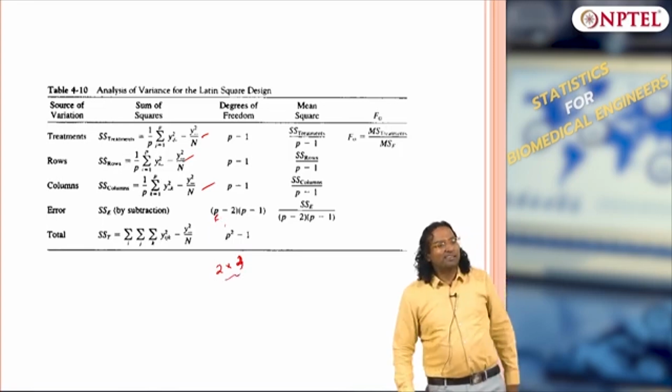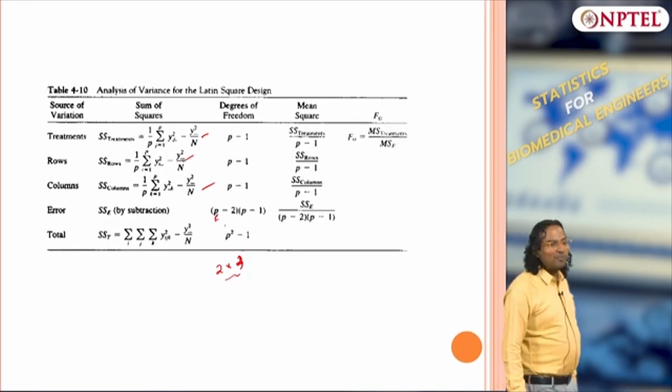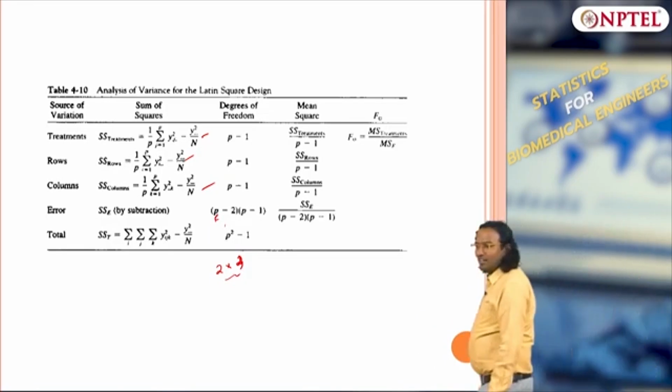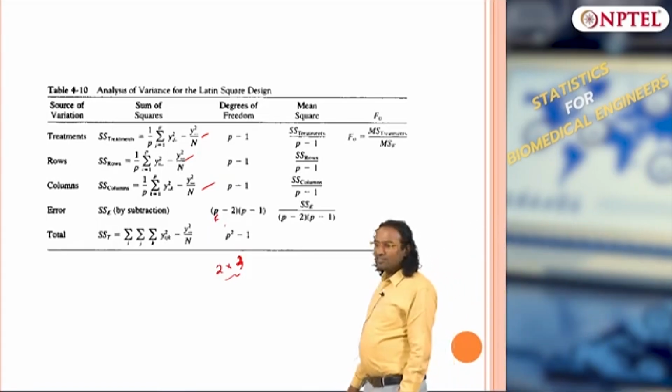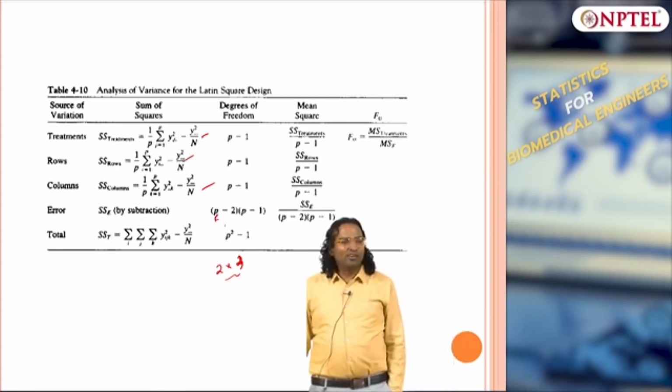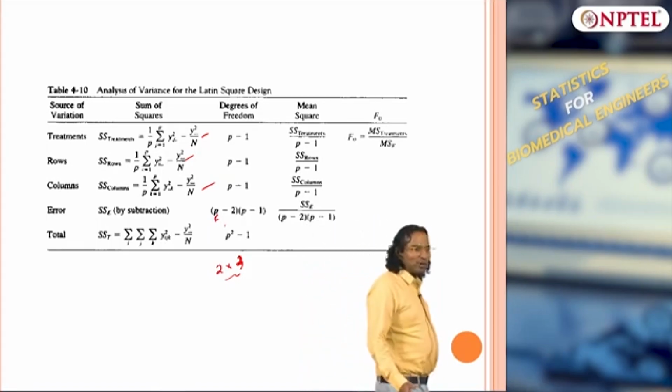Very less totally. All of them become very, very small. It is nowhere close to 30, it is on the extremely lower side if you are doing a 4 cross 4 Latin square.